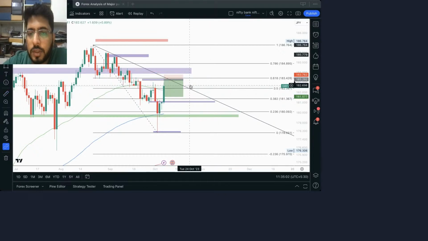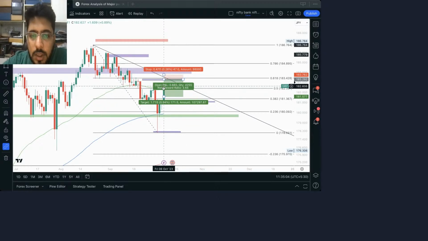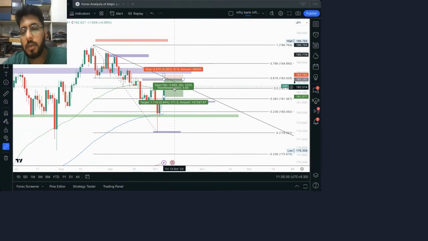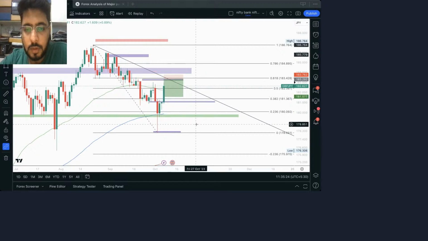So the first target will be at least 80 pips from here, and the second will be 180 or 200 pips. So it's a big potential. The risk to reward is very high, it's 3.65. So it's a good zone of interest.